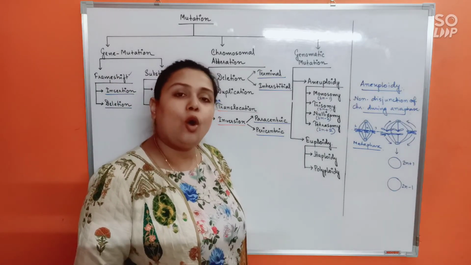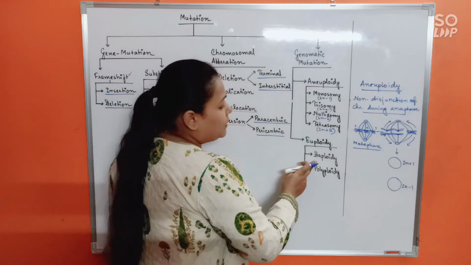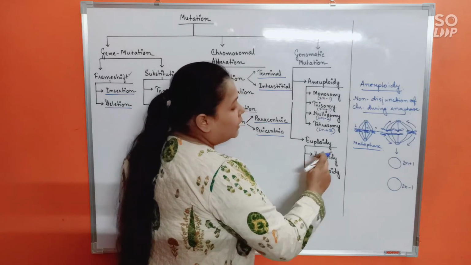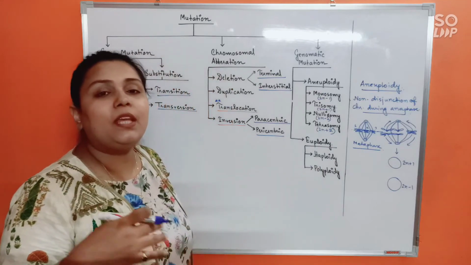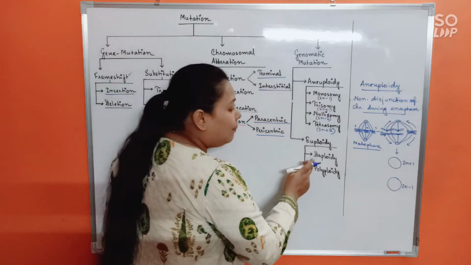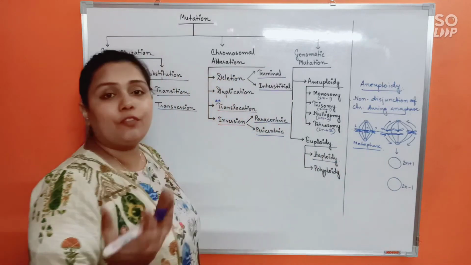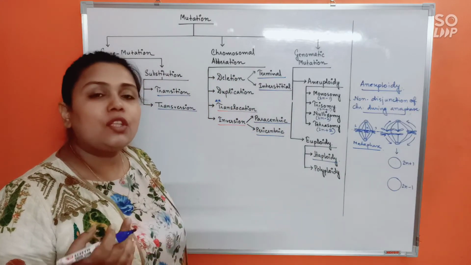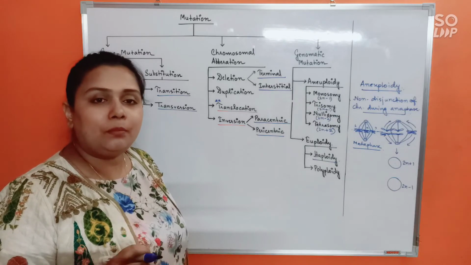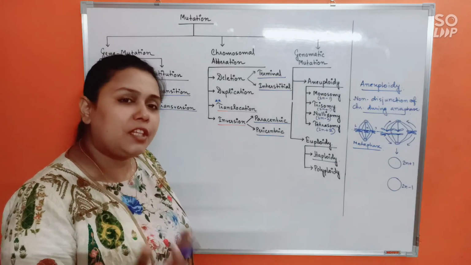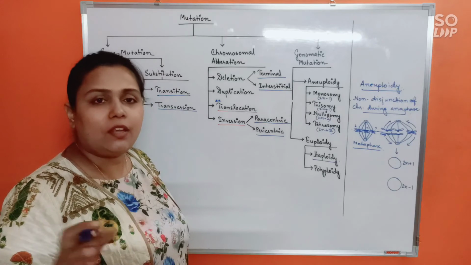And for the final one, euploidy, I have already told you, the whole set of chromosomes will be either added or lost. If a whole set of chromosomes is lost, the cell, instead of being a normal diploid, will become haploid, so we call it haploidy. And if a whole set is added, the cell will not be 2n, rather it will be 3n, 4n, 5n, whatever it is.